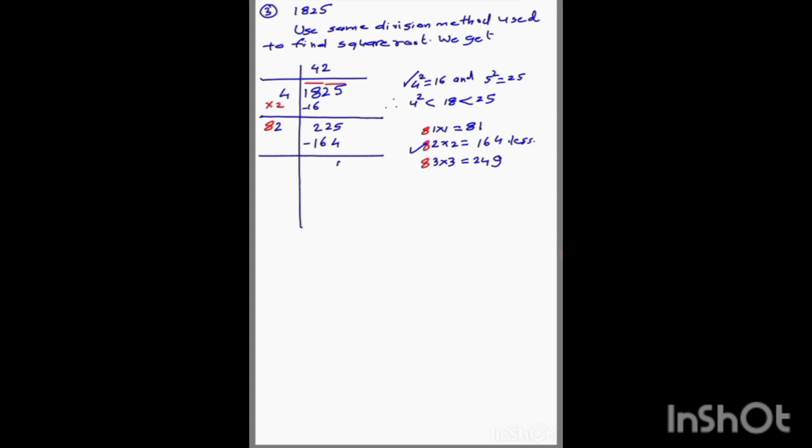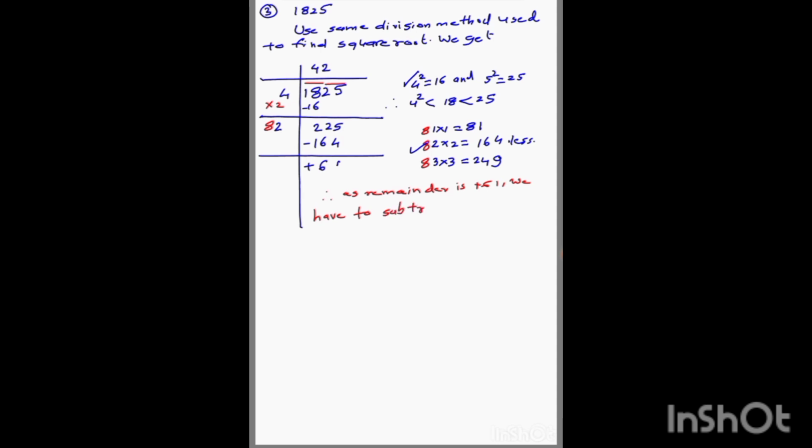Yes, you get 61. Now read this comment very carefully. You are getting plus 61. Remember that it is plus 61, the above number is bigger. So as the remainder gives plus 61, what does that mean? That means so many, that is 61, are to be subtracted from 1825.